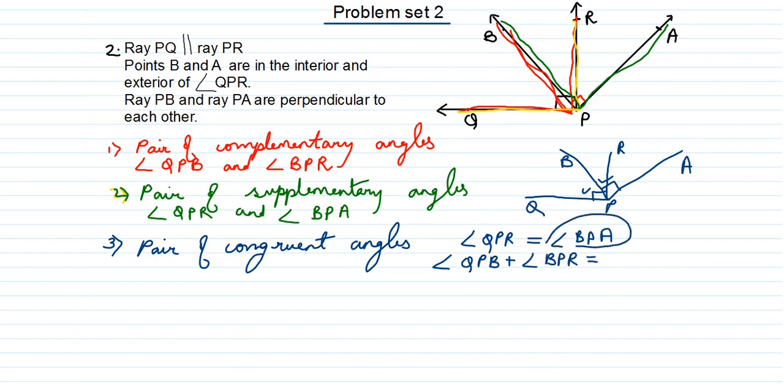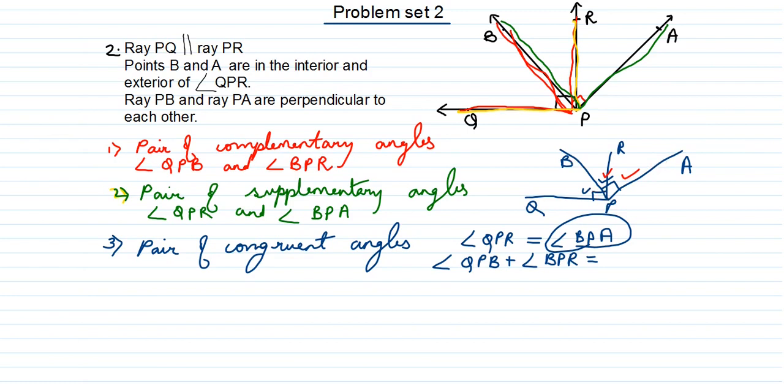What is angle BPA? This angle BPA is again formed by adding two angles. I'll color it with red. These two angles make angle BPA.